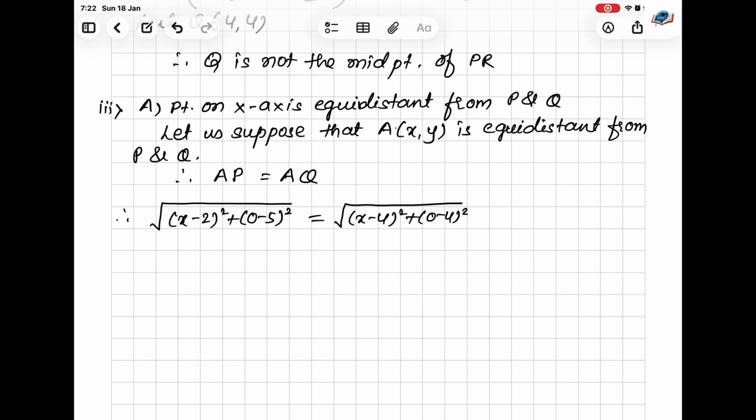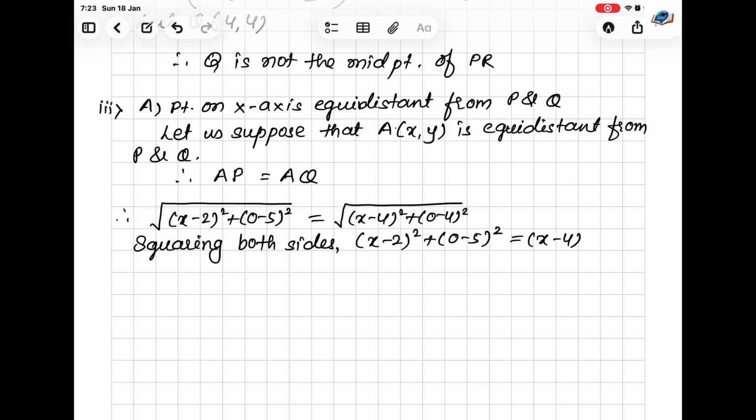Now squaring both sides and removing the square root, I will get x minus 2 whole square plus 0 minus 5 whole square equal to x minus 4 whole square plus 0 minus 4 whole square. Now expanding the equation, I will get x square minus 4x plus 4 plus 25 equal to x square minus 8x plus 16 plus 16.